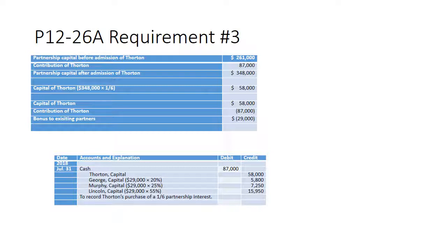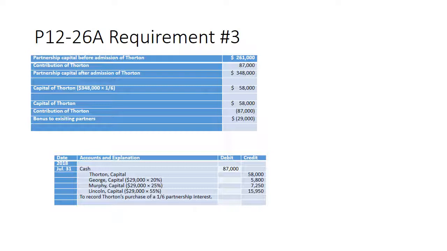Take the $261,000 capital balance, and we find it the same way as we did before, on page 675 one more time. You take the 43,500 from George plus Murphy's 87,000 plus Lincoln's 130,500. Add them all up, 261,000. Whenever that new partner or any partner puts money into the business, it always increases capital.